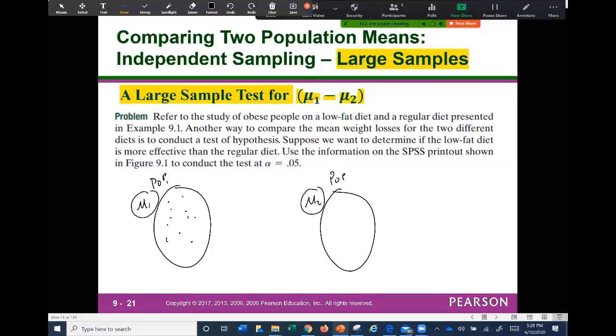If this diet is effective, this average should be greater than this. The pounds of weight lost must be greater than this other. That is the alternative hypothesis. That is the objective in this research.